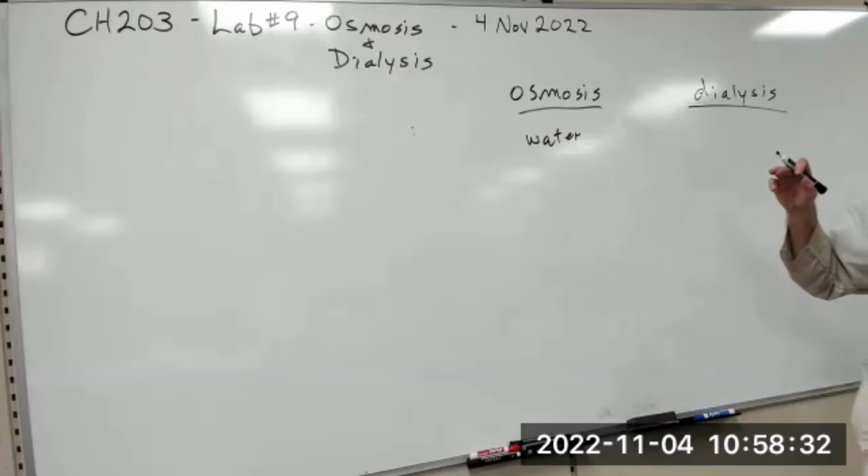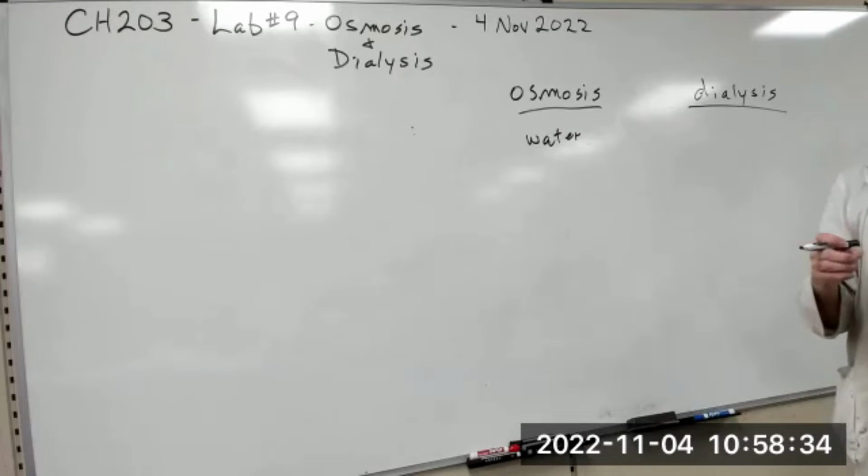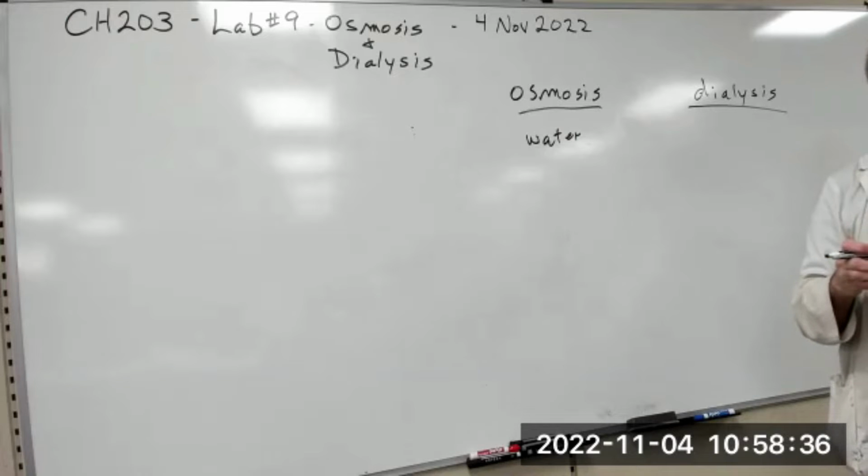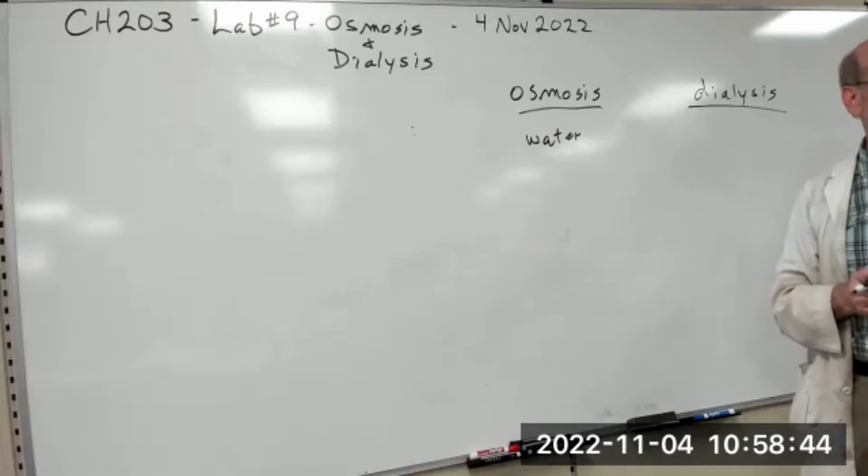Dialysis is a process of selectively passing molecules through a membrane. So if you have any relatives who have to undergo dialysis because their kidneys are failing, then you know what this is like.